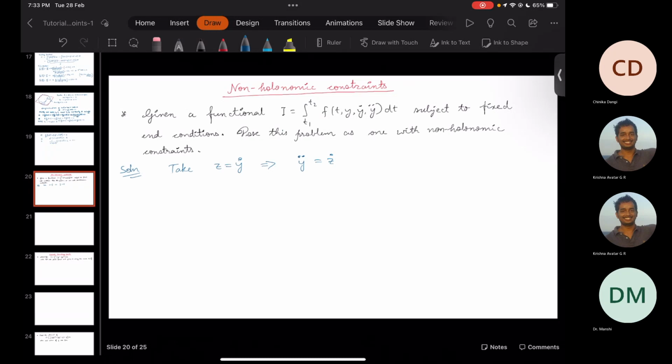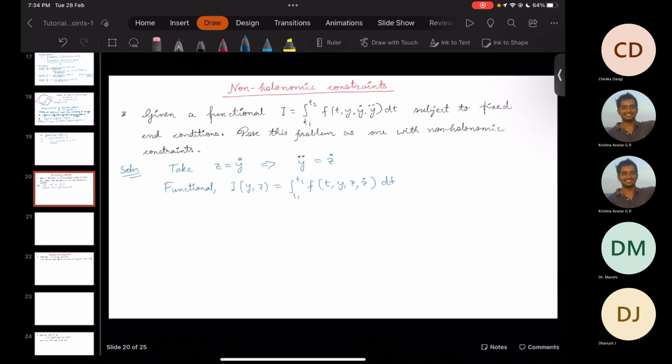So our functional here is I of y and z, the integral from t1 to t2 of f of t, y, z, and z dot. So the functional containing higher order derivatives of y has now reduced to a functional in two independent variables y and z, in terms of first order derivatives.